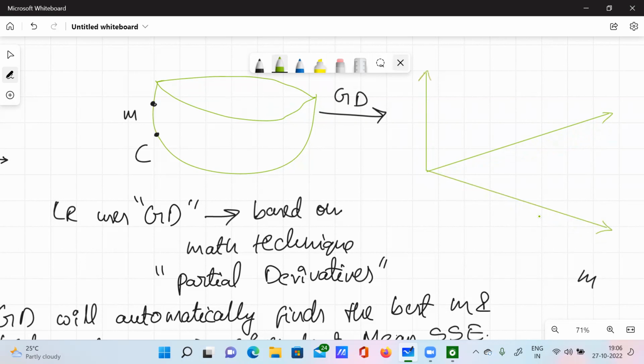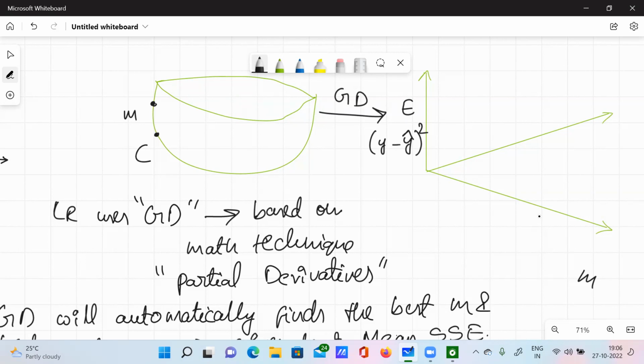We need to name it. So this is the error here. What does error mean? Error is nothing but the actual minus predicted, whole square. So this is the sum of the squared errors, right?